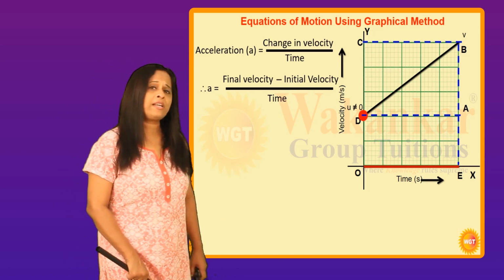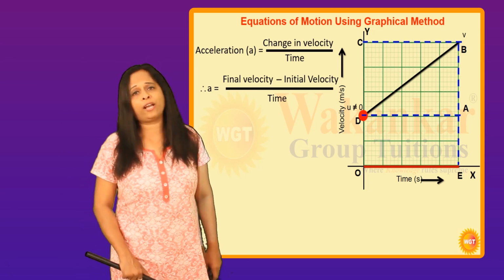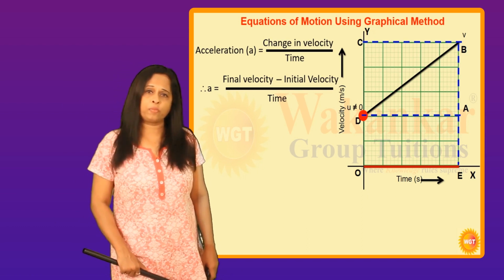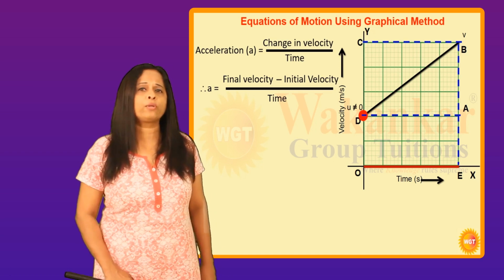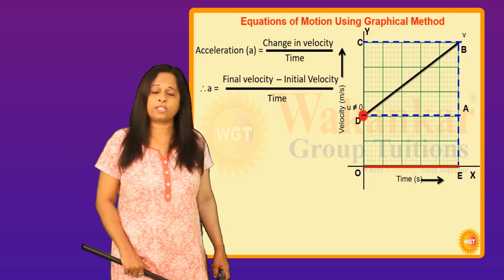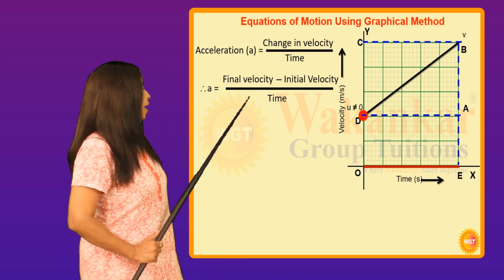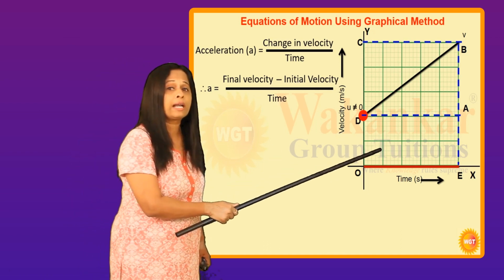Now students, in my next step, you would think I would write a equal to v minus u by t. But I am not going to do so. It is because this method is graphical method. So I am not going to directly substitute final velocity as v or initial velocity as u. Rather, I will try to get the value of final velocity and initial velocity from the graph.